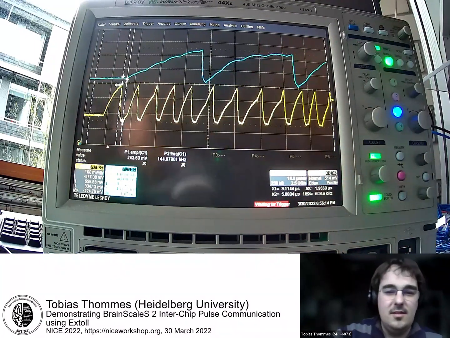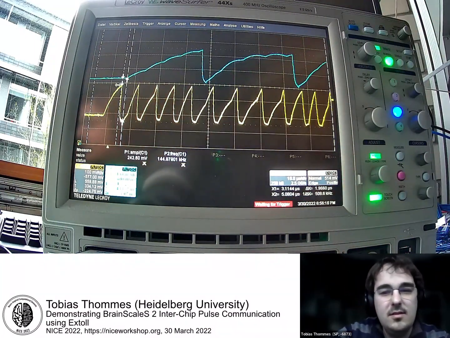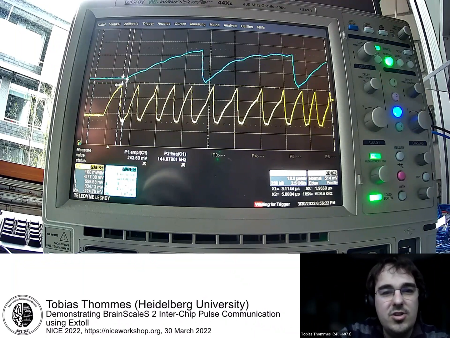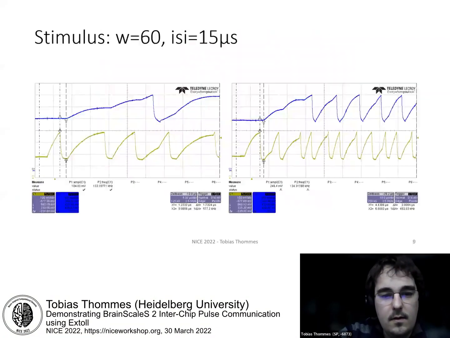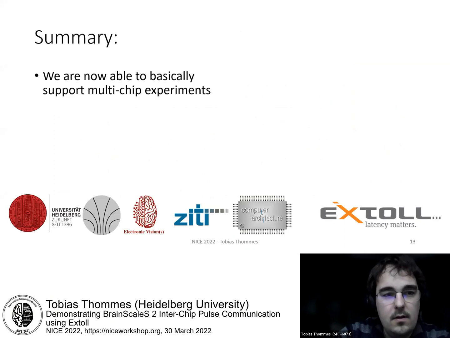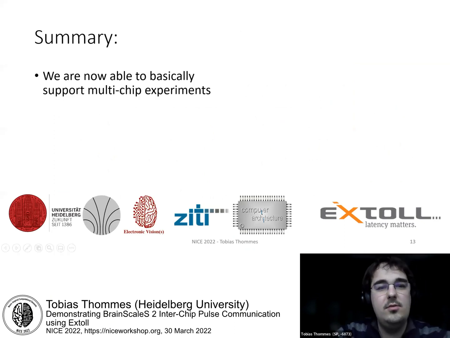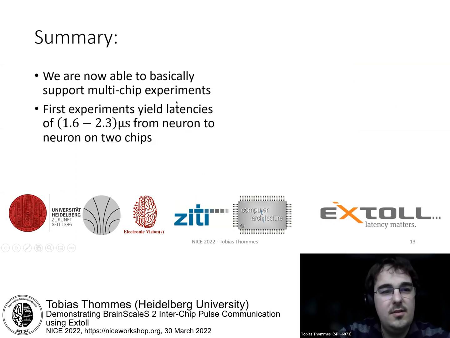Okay. So that was my live presentation. I will just switch the screen share again to my last slide. So we are now able to basically support multi-chip experiments on BrainScaleS 2.